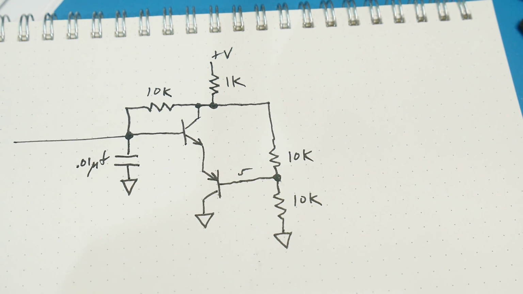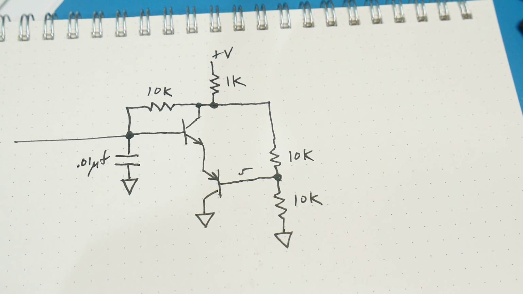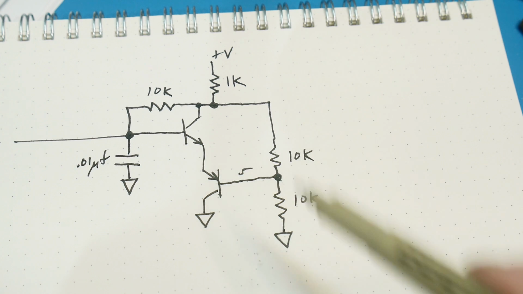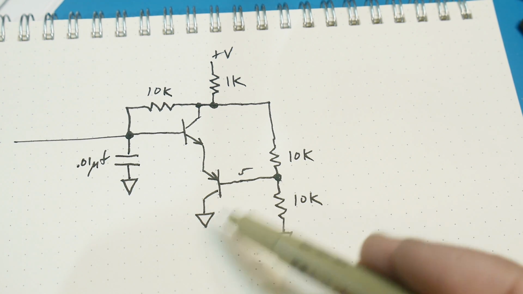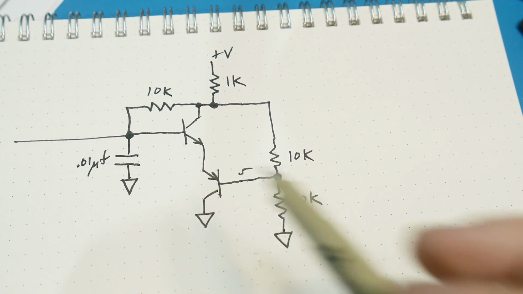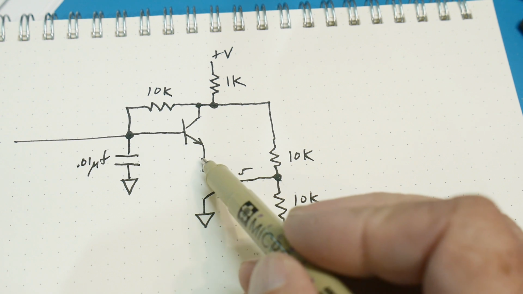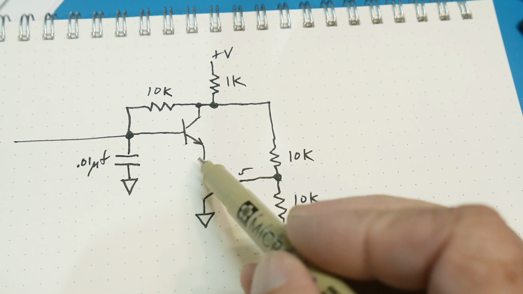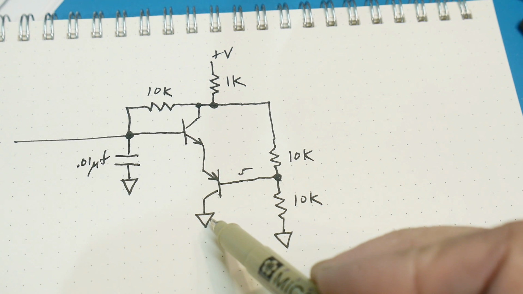Once we get to about 5.7 volts, this transistor turns on. It's kind of a strange circuit. Most of the time you think about controlling transistors with the base, but we're actually controlling this transistor with the emitter. So when the emitter gets bigger than 5.7 volts, this starts to conduct, okay?